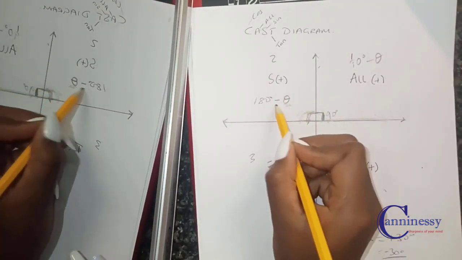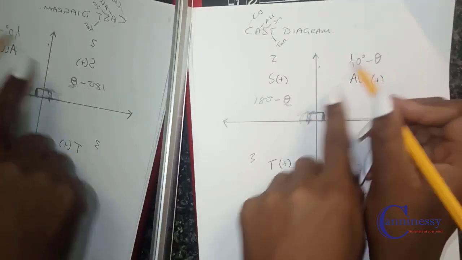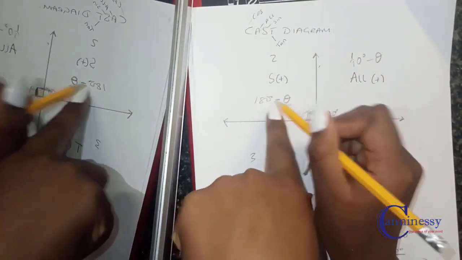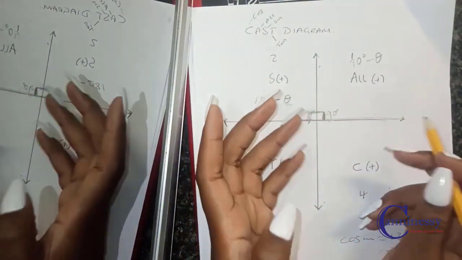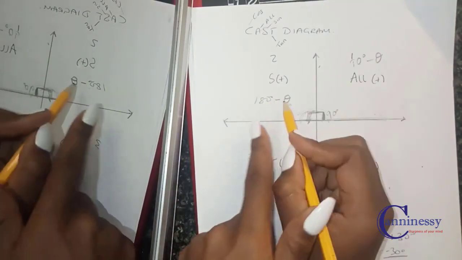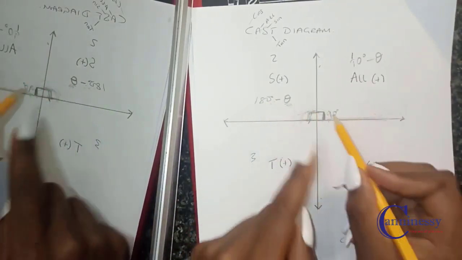So the condition in the second quadrant is 180 minus theta, simply because the angle that you find here has to be 180 or less.